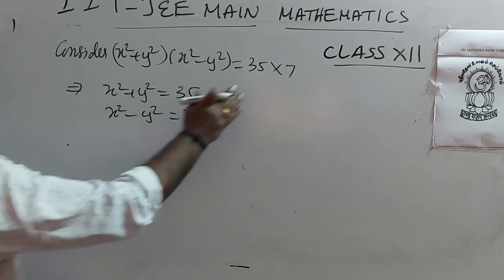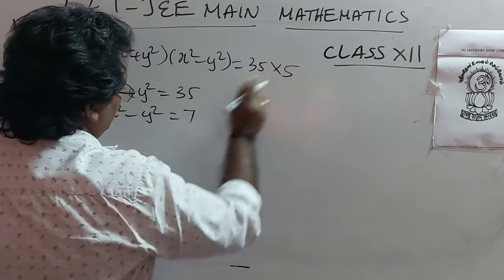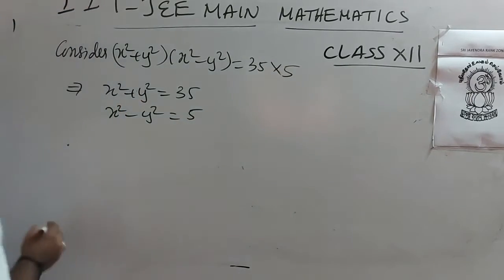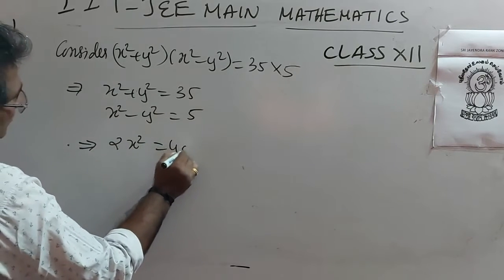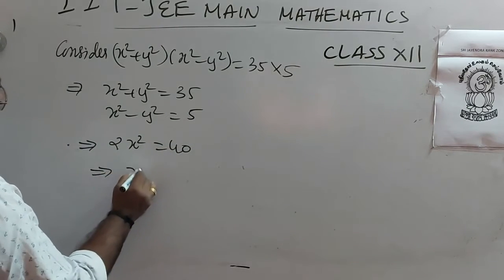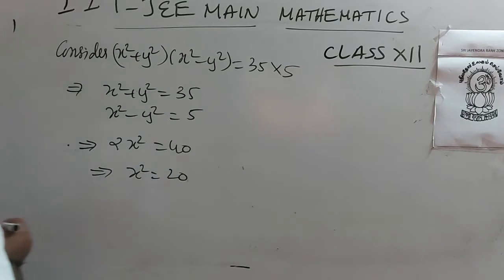Here, 35 into 5. Adding, 2x squared equal to 40, so that x squared equal to 20.